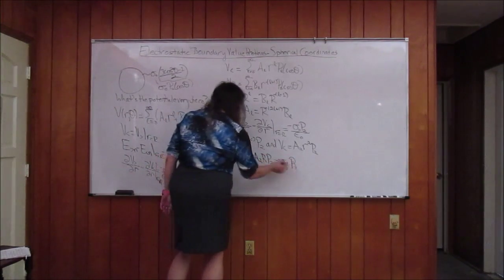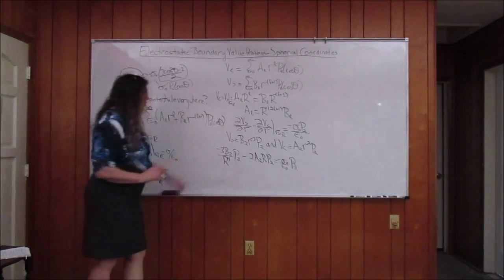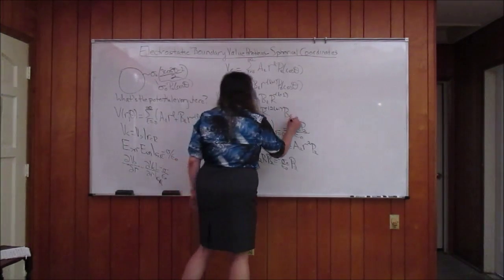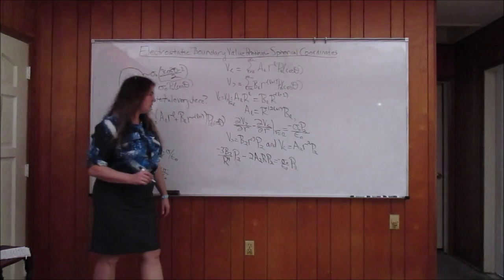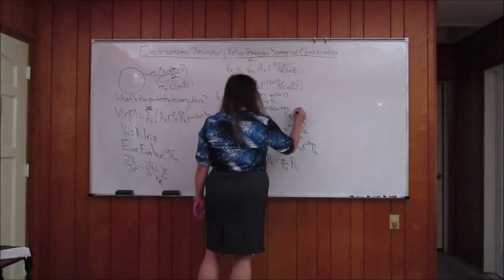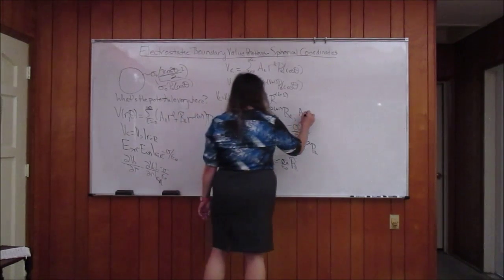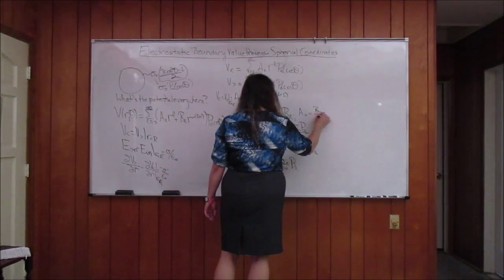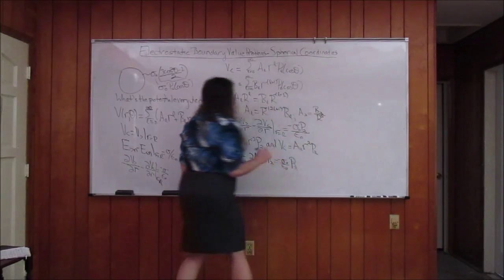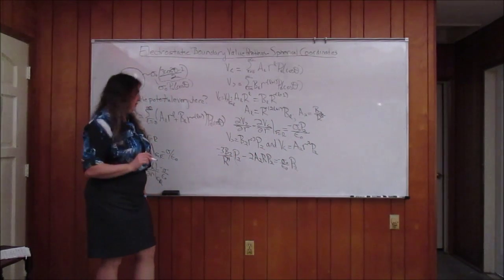So basically the P2s just drop out as they should. And then also because of this relation between the A coefficients and the B coefficients, this tells me that A2 is equal to B2 over R to the fifth.